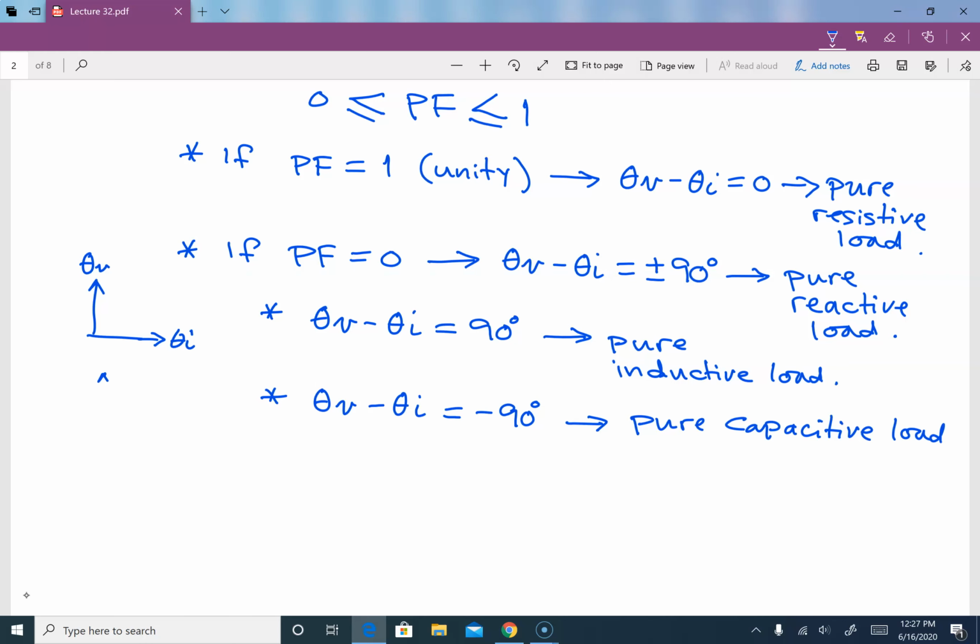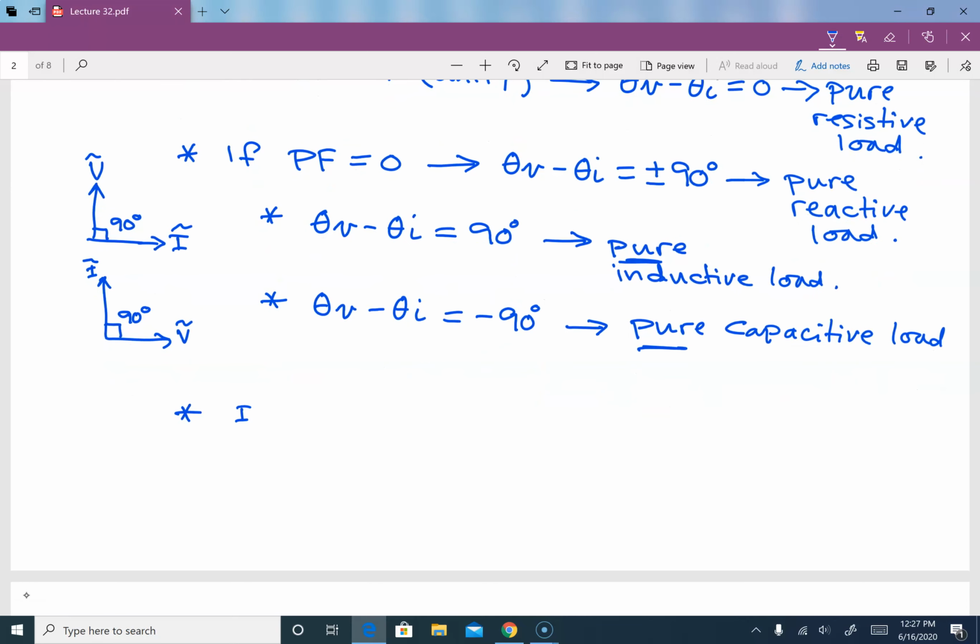And the second case over here, if I have this over here to be the I and over here the V, then V is behind, which means that I is leading, so we have pure capacitive. So over here we have phasor V, and over here phasor I. And the angle here is exactly 90 degrees. So that is why we are saying a pure.